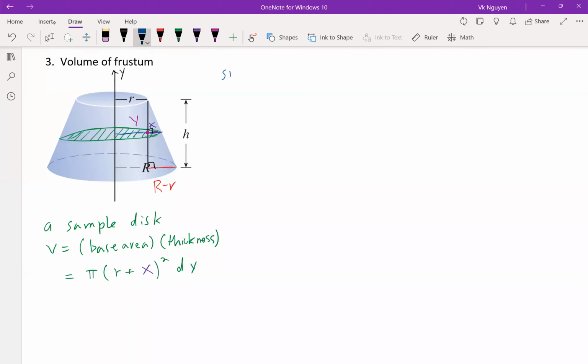Similar triangle. x over h minus y equal to the bigger radius minus the smaller radius over h. From here, we see that x is the bigger radius minus the smaller radius over h times h minus y.